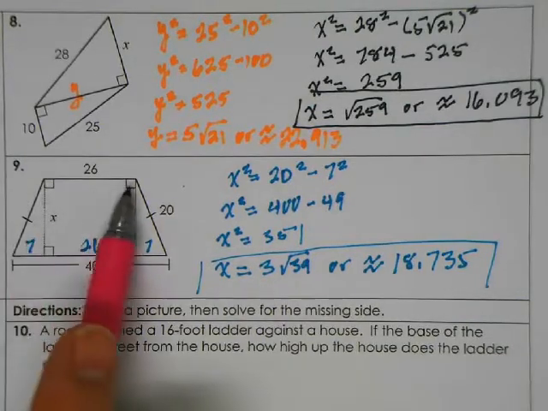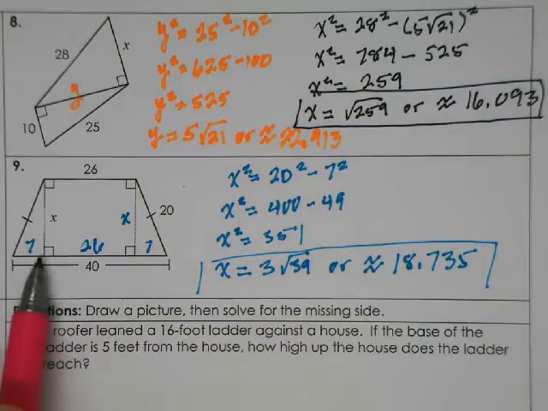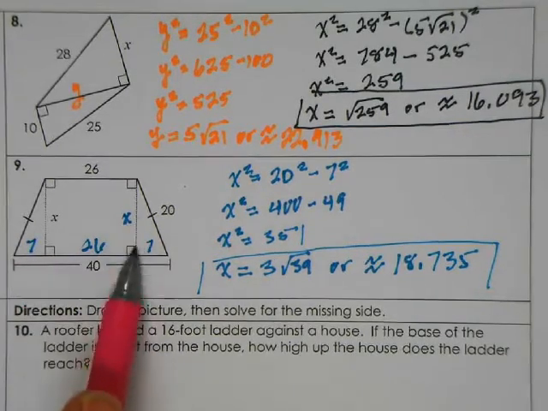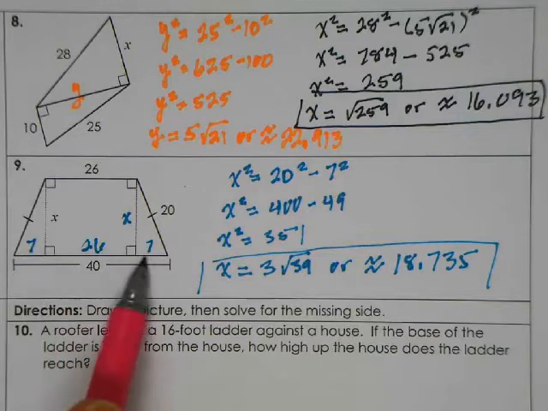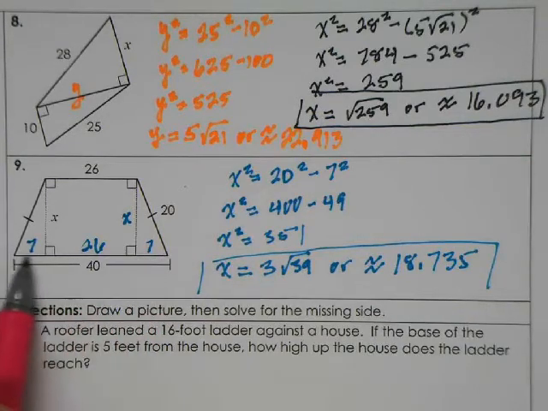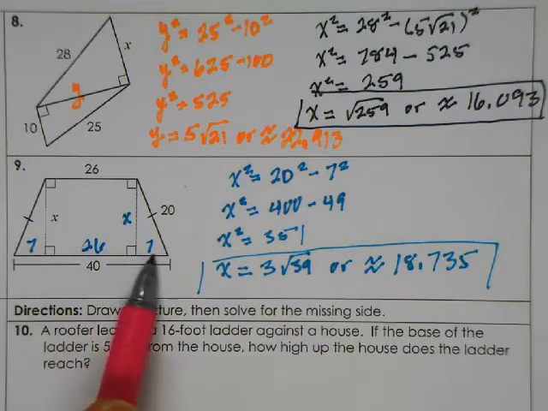In fact, it would be an isosceles trapezoid. So when we drop in these perpendicular lines here, the distance between them is going to be 26. And since we know the overall length of the base is 40, the difference between the 26 and the 40 is split between these two remaining pieces on the sides here. So that's how I'm getting 7 and 7.